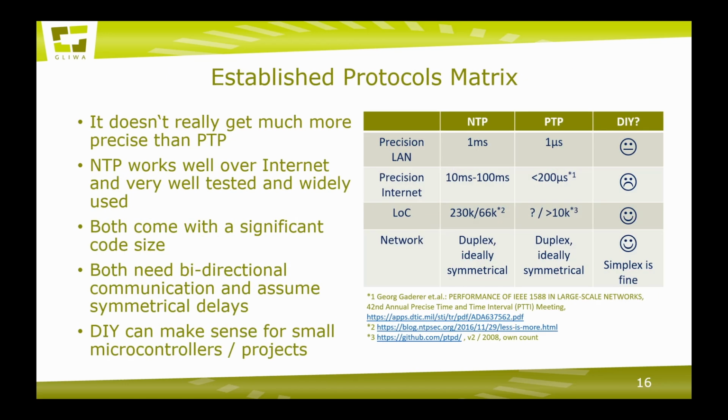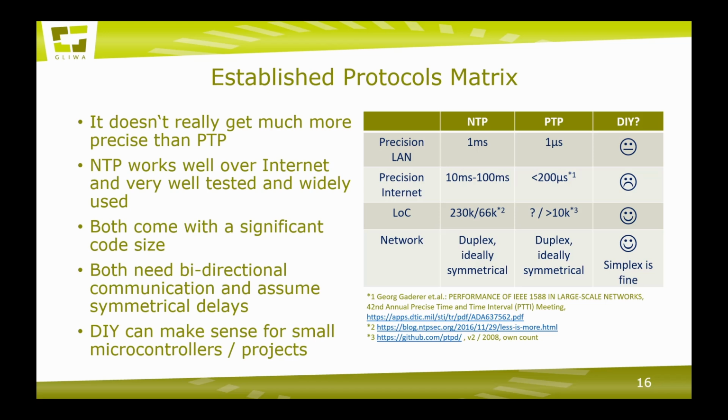Putting up a comparison of those, we can see that it doesn't really get much more precise than PTP. Any potential do-it-yourself solution will not be substantially more precise. NTP, on the other hand, works very well over internet and is very well tested and widely used. Both, however, come with a significant code size, and both need bidirectional communication and also assume symmetrical delays on the communication line.